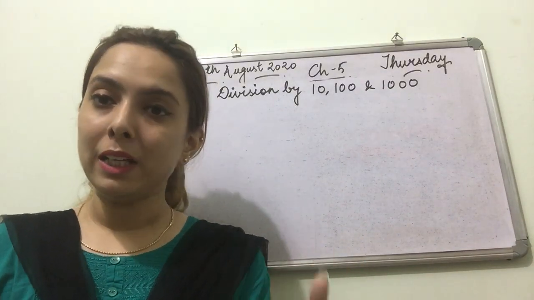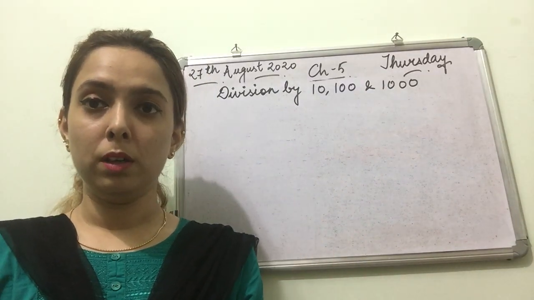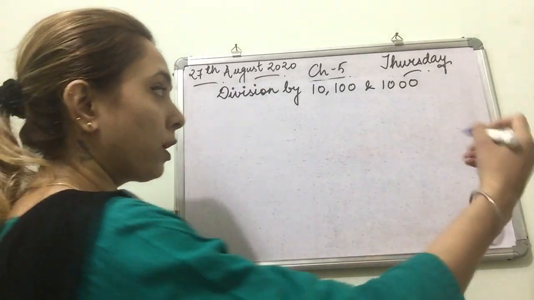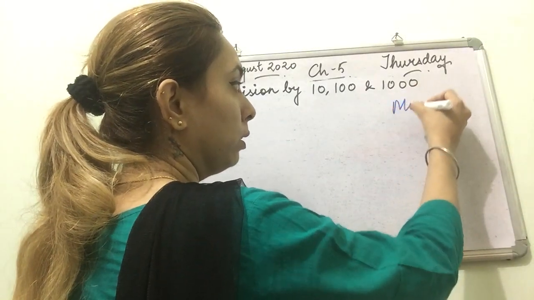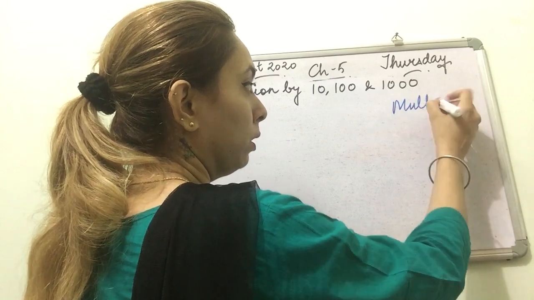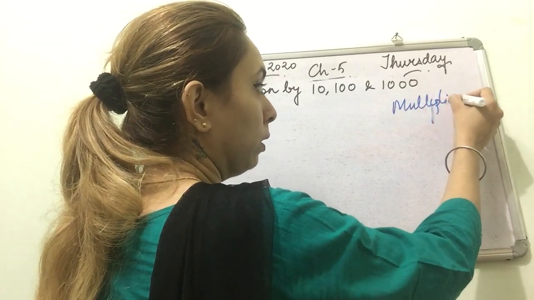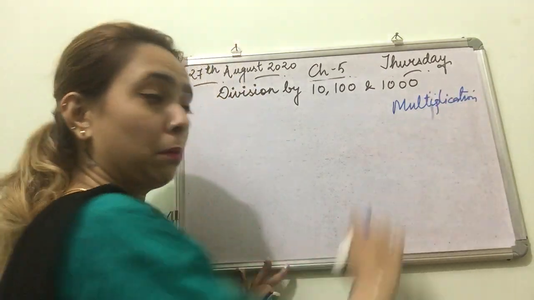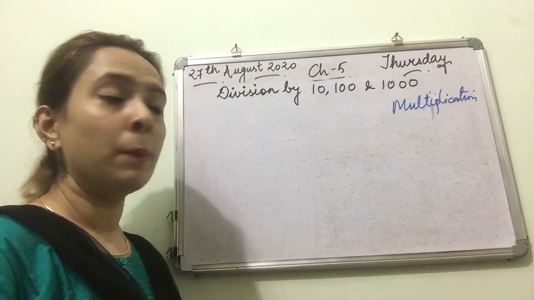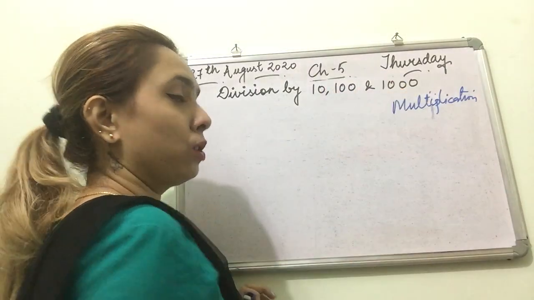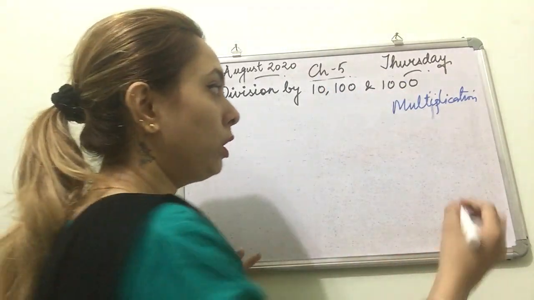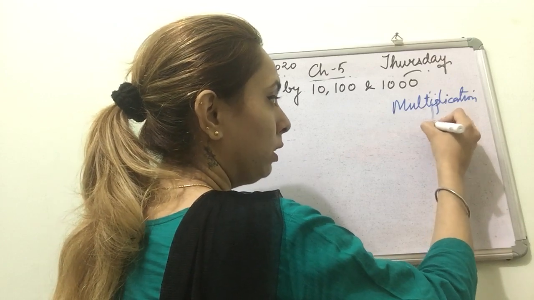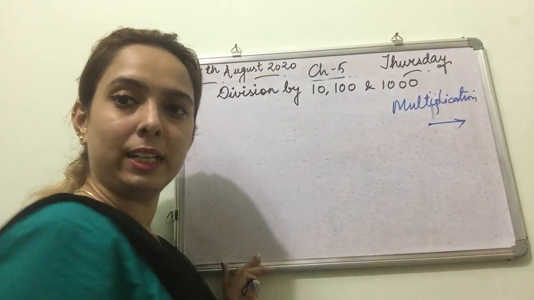If we are multiplying any decimal number by 10, 100 or 1000, I'm talking about multiplication, what we used to do was shift our decimal to the right side.